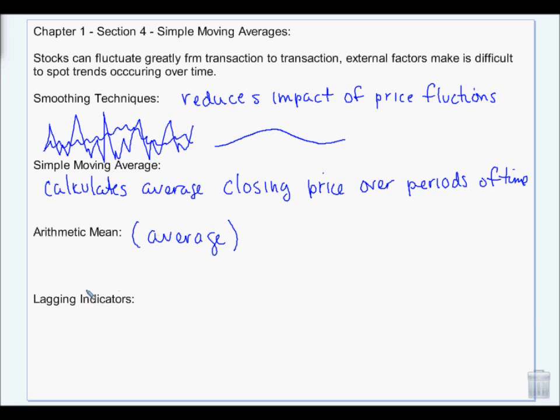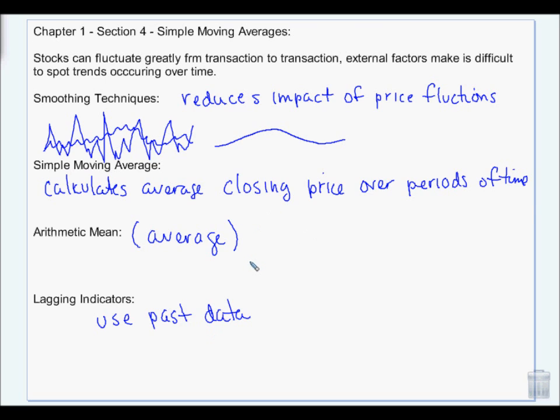We use the simple moving averages. They're lagging indicators because they're using past data. You can't calculate a simple moving average for today. You have to go kind of in the past to be able to take these averages, because today is still changing.